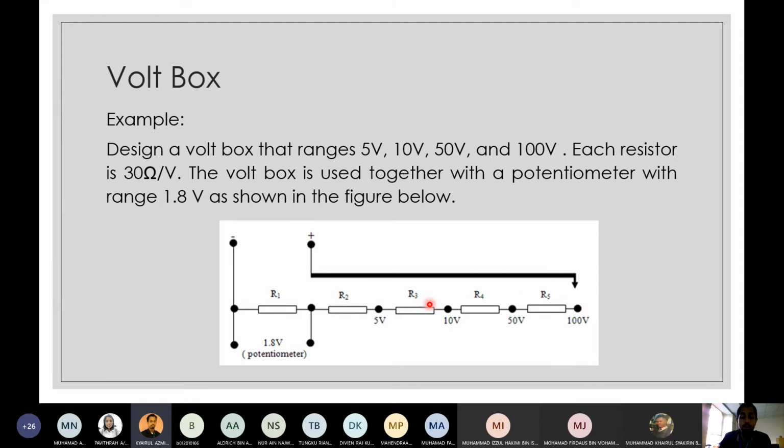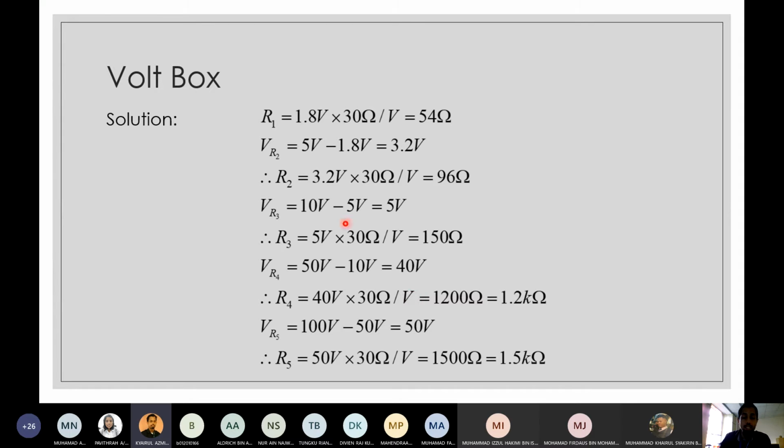So to determine the value of the respective resistance, for R3, we get 10 minus 5, so 5 volt. 5 multiplied by 30, we get 150 ohms. And then for R4, 50 minus 10, so 40, multiplied by the resistance per volt, we get 1200 ohms. And finally for R5, for 50 volts, we get 1.5 kilo ohms.